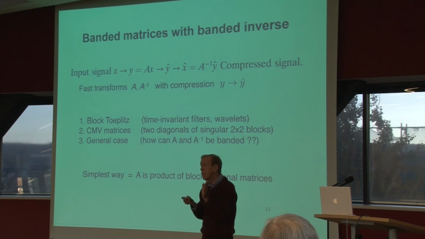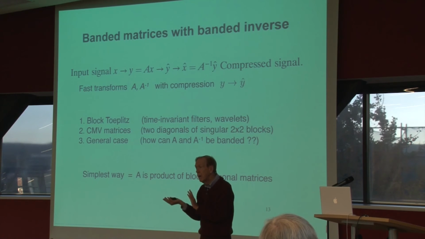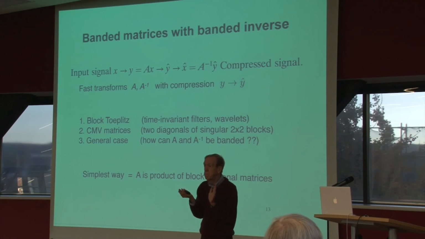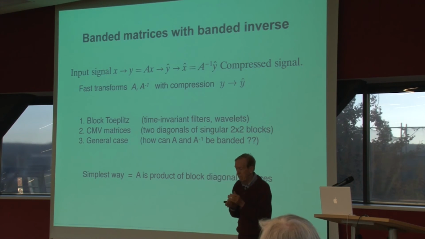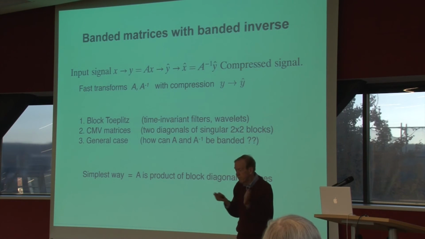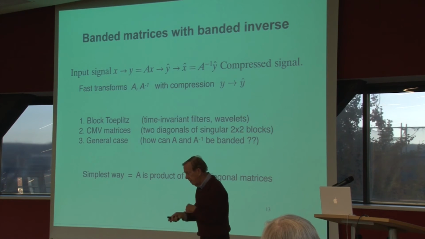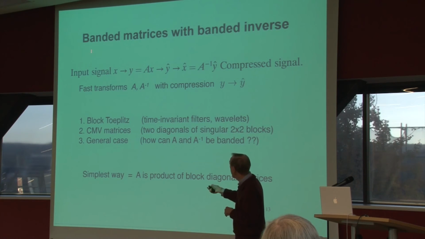So what would be a simple way to construct a matrix that's banded and its inverse is banded? Just make it diagonal. Its inverse is diagonal, no problem. But of course that won't get us the kind of transform that we are looking for.